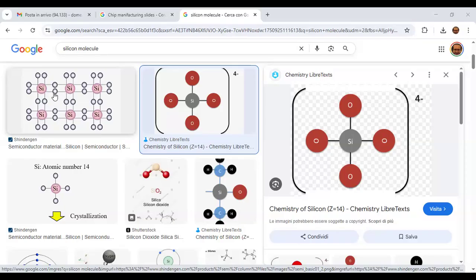Semi-bound, because for a little bit they are attracted by the atoms of silicon, for another bit they are attracted by these atoms of silicon, and in the middle they are staying quite fixed, okay? Not so much, okay?